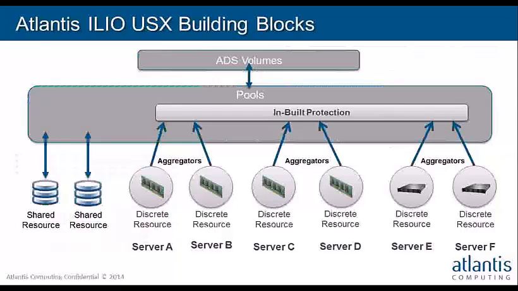Therefore, we build an inbuilt protection. We actually create an inbuilt protection, and we expose these aggregators to the pools. The pools can also have shared storage, like I just discussed. It can also have DAS, and a combination of these are exposed to the ADS volume.